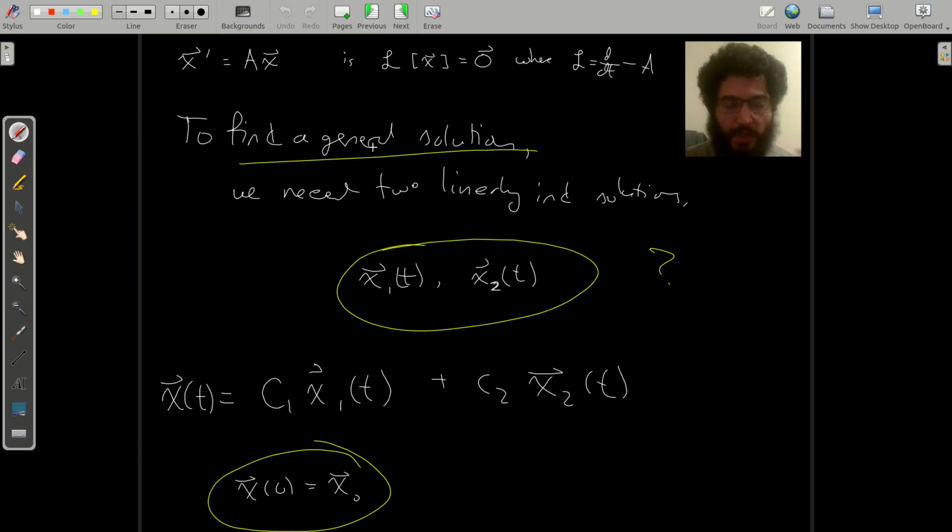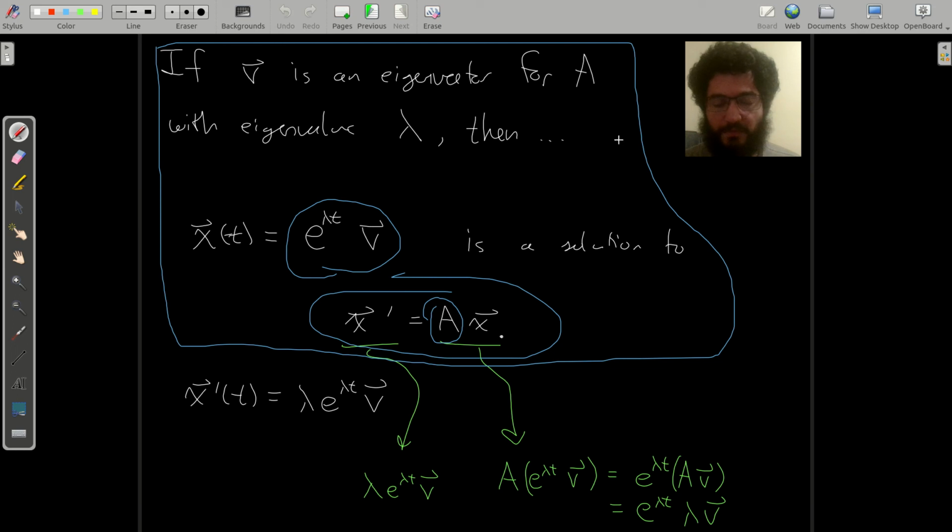Okay, so again, going back here, our goal is to find a general solution. To do this, we need two linearly independent solutions. That's because we expect the solution space to be two-dimensional. And we now have a technique for generating solutions, but we're not guaranteed that it will always generate two linearly independent ones. Our technique for generating solutions is solving the eigenvalue problem for the matrix of coefficients.